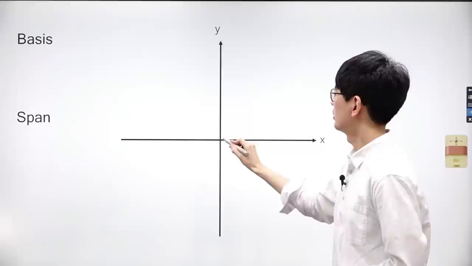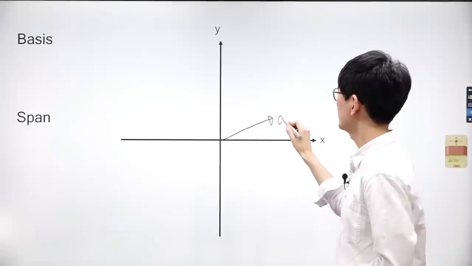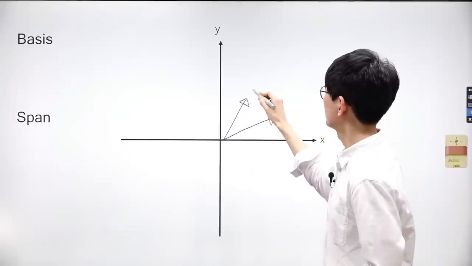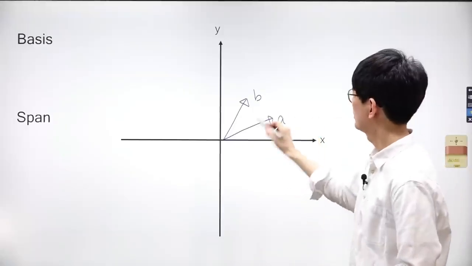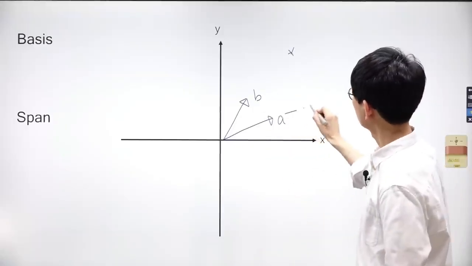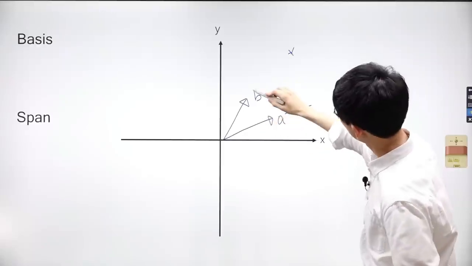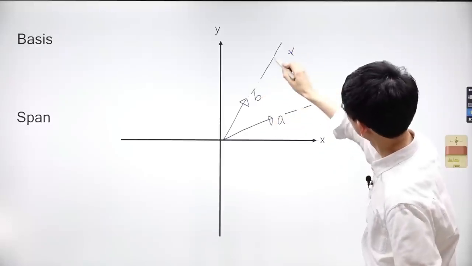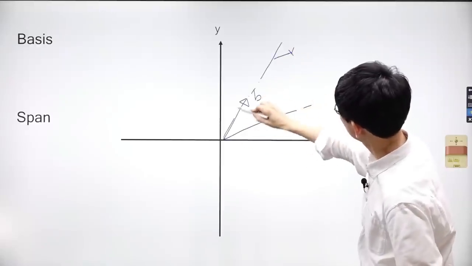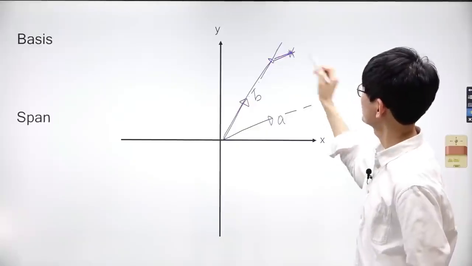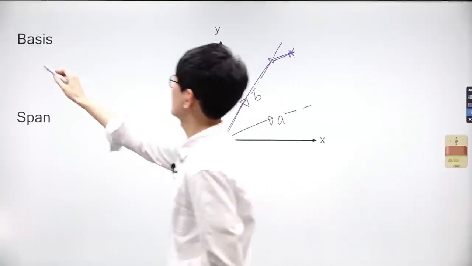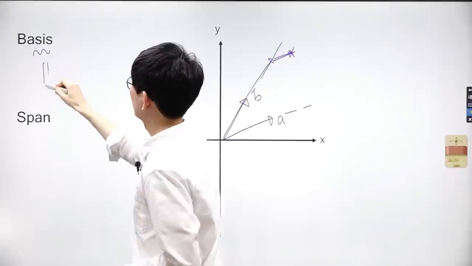Now let's define a basis. Consider two vectors A and B on a plane. Since they are linearly independent, they can construct the entire plane through vector addition. For instance, if we pick any arbitrary point on the plane, we can draw a straight line in the direction of vector B first, and then draw the second line in the direction of vector A. Let's consider a basis for Rn.